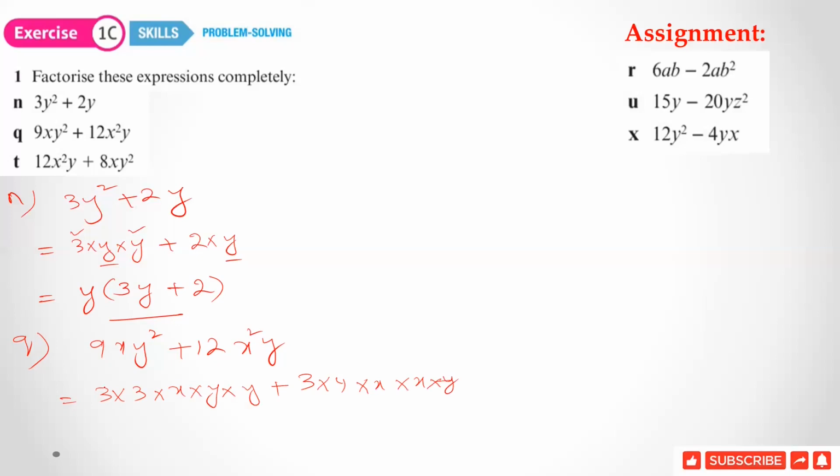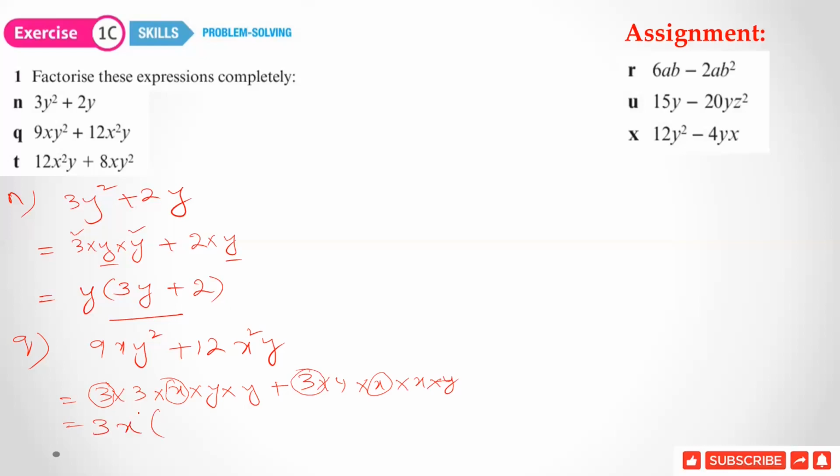This 3 and this 3 is common, plus we have x also common. We don't have any other letter or number in common. So we write down 3 and x one time.